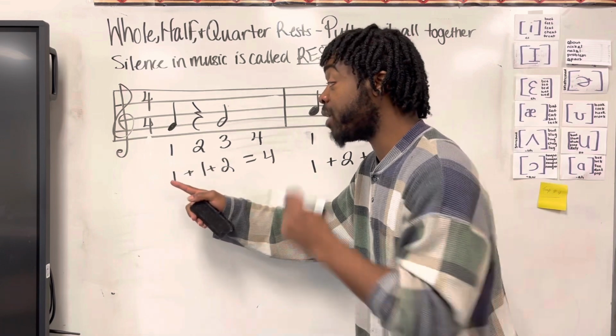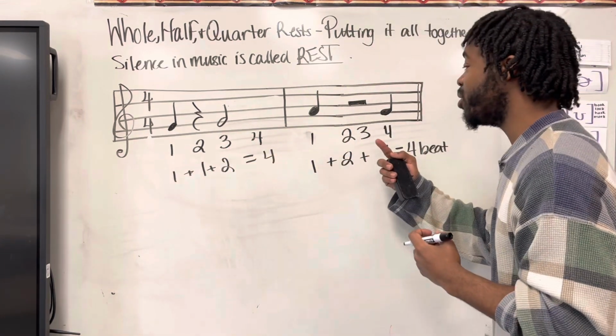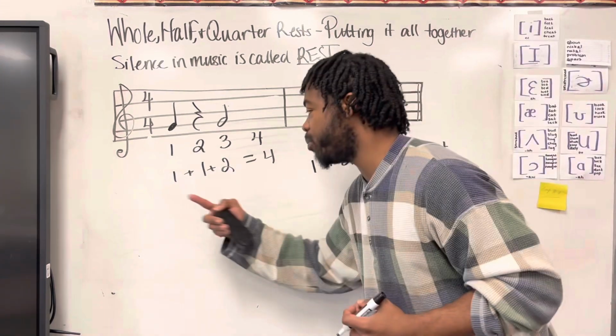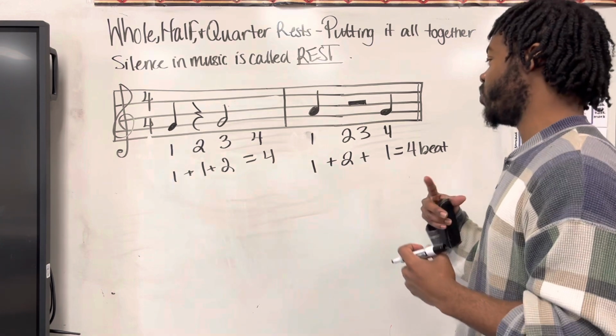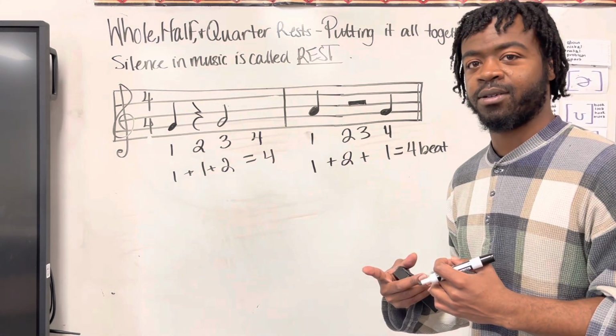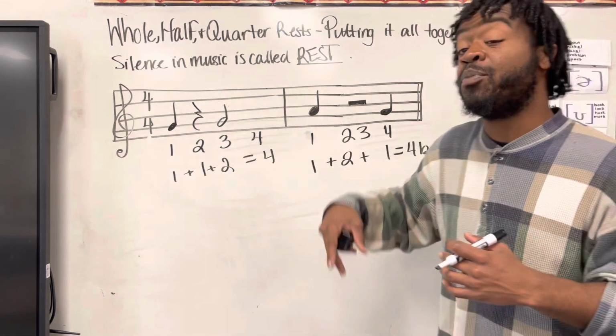So you can count it like 1, 2, 3, 4, 1, 2, 3, 4. Not 1 plus 1 plus 2, 1 plus 2 plus 1. That's not 4 beats. You have to make sure that you're counting it in the sense that the beat is being presented.